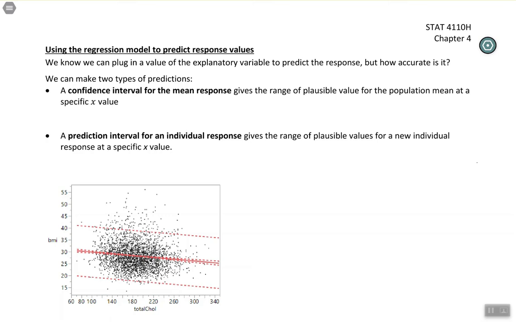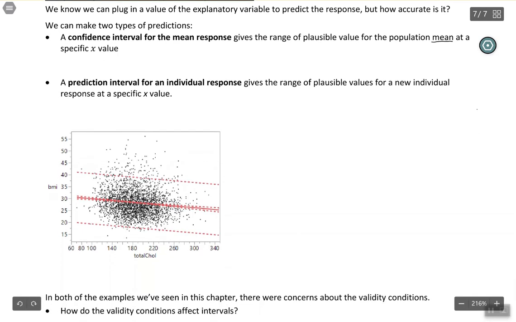So a confidence interval is for the mean response. So basically, this is giving you a range of plausible values for the population mean at a specific x value, right? So if you think about, let's just pick a point, maybe like 180, and we can think about all the people who have a total cholesterol of 180.